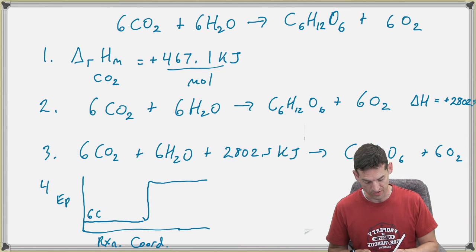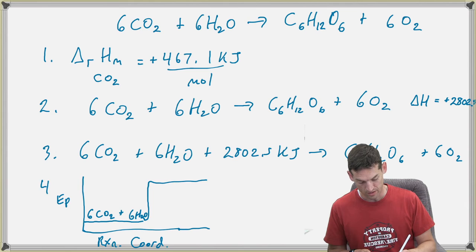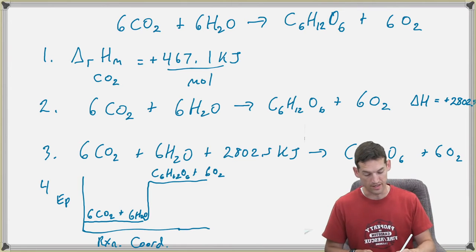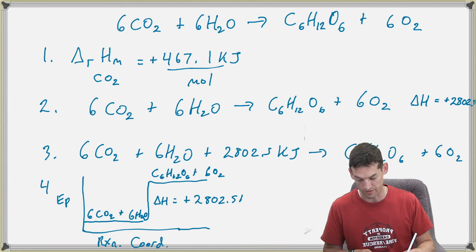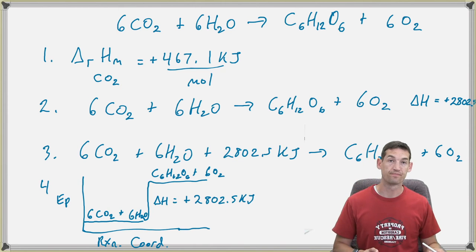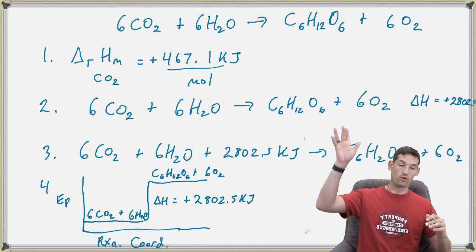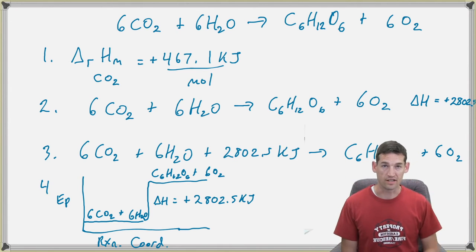This is 6 CO2, 6 H2O, and C6H12O6 plus 6O2. And then next to this vertical, I would write delta H equals a positive 2802.5 kilojoules.